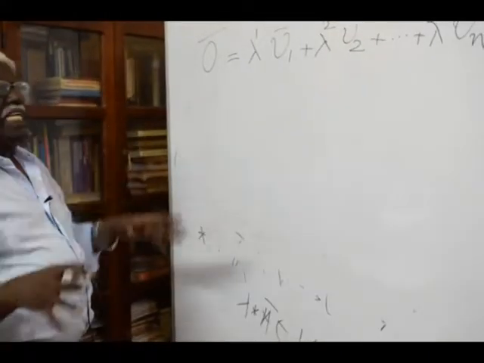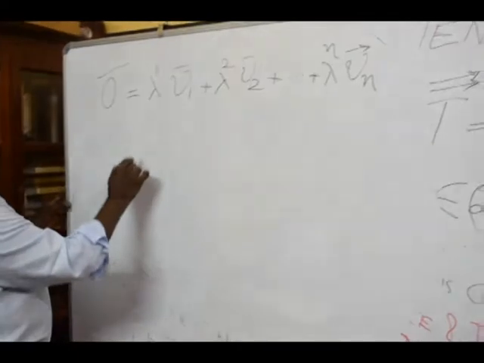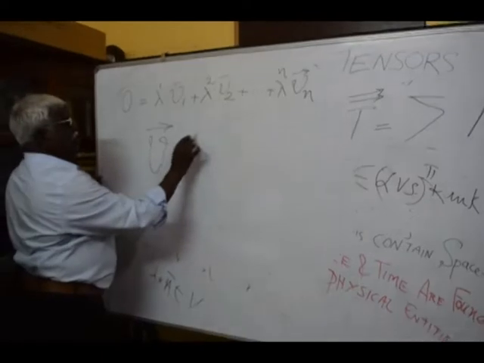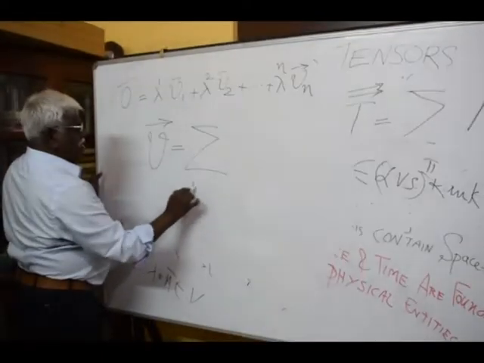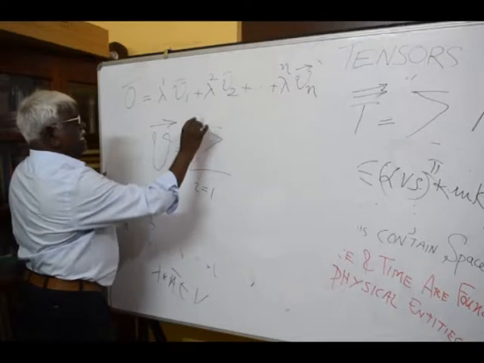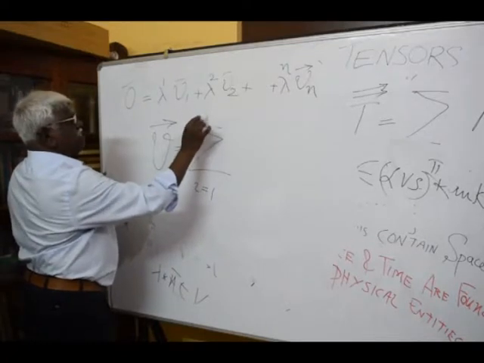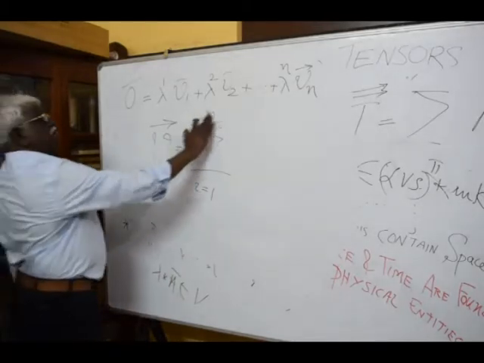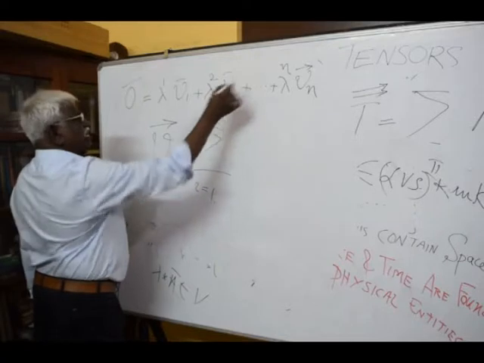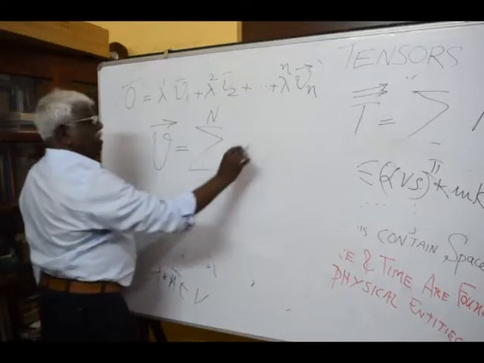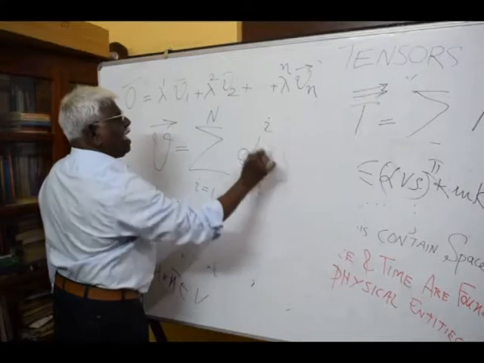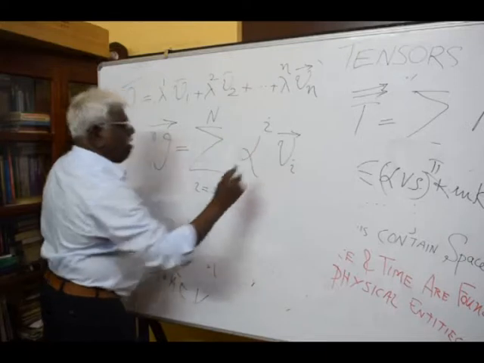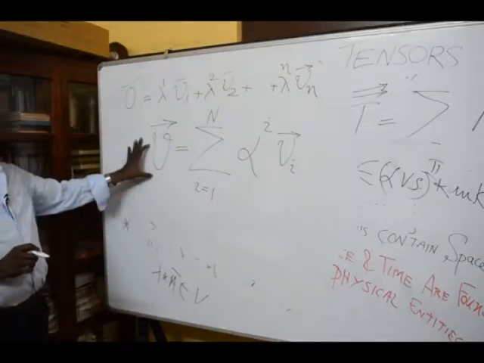So I write vector v equals sigma i equals 1 to capital N, alpha i vi. We speak about an n-dimensional vector space; the dimensionality is N, let me put it as capital N, since small n is already taken. The vi are all non-zero vectors.